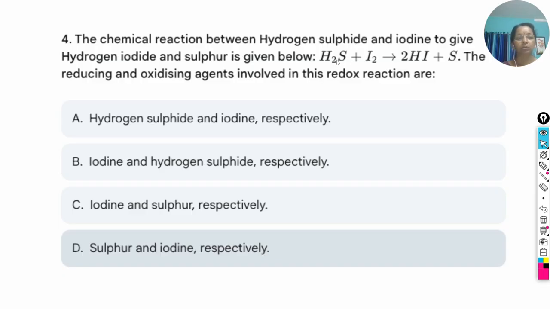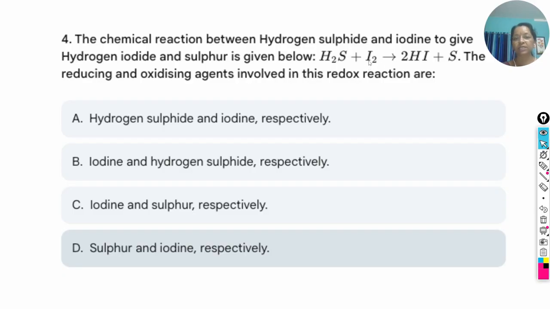Reduction means addition of hydrogen. Iodine is being added with hydrogen here: iodine forms hydrogen iodide, so hydrogen is getting added. Adding hydrogen is reduction, so iodine is getting reduced.